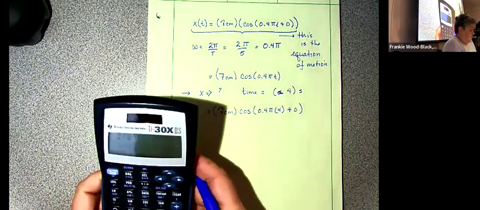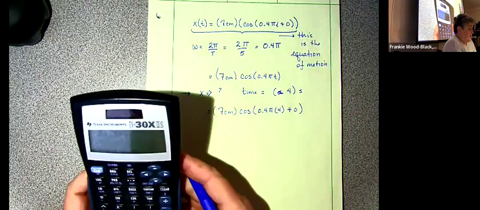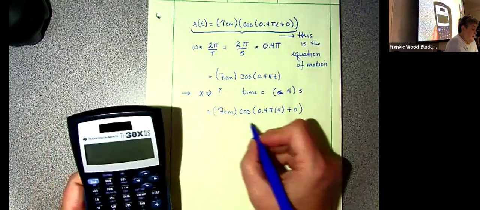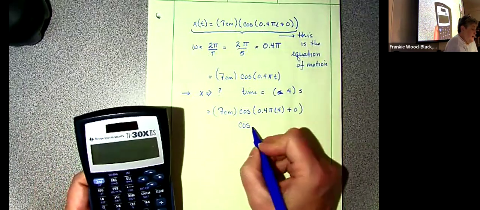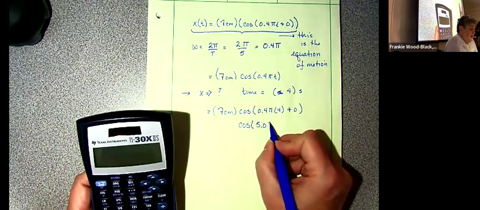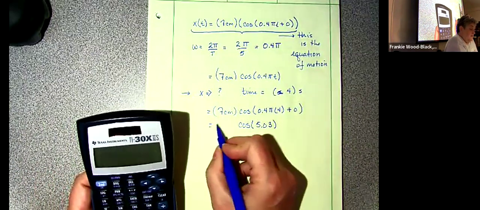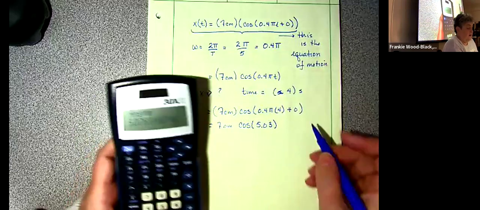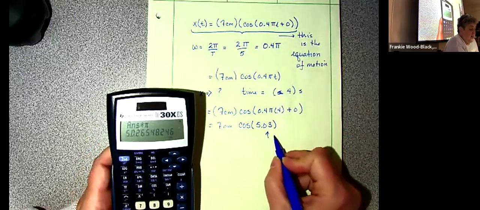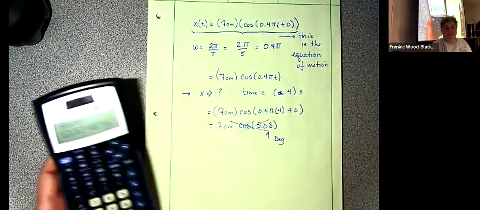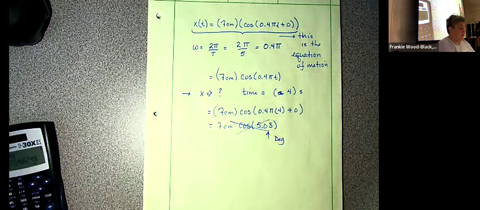So now I've got 0.4 times 4 times pi. I got a number that looks kind of like this. I got the cosine of 5.03. And if I plug this into my calculator and we say this is degrees, we're going to get a big red X. It's not going to be correct.